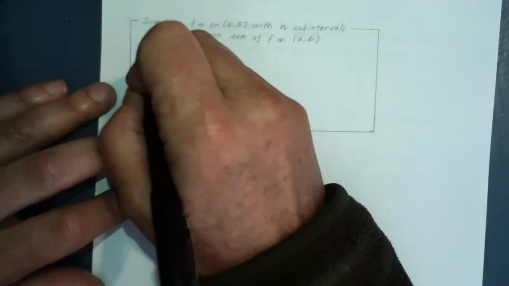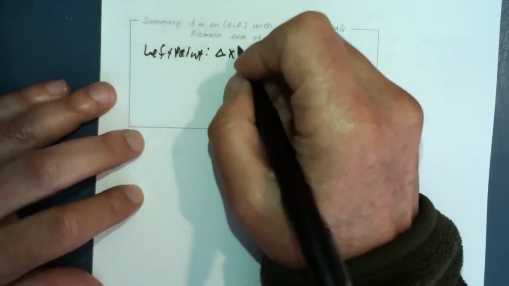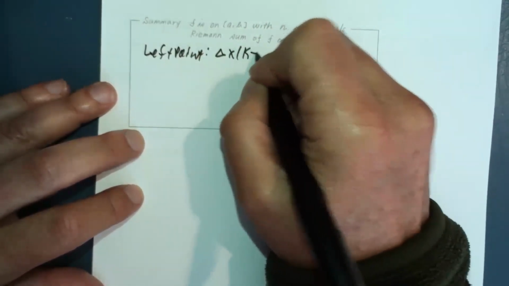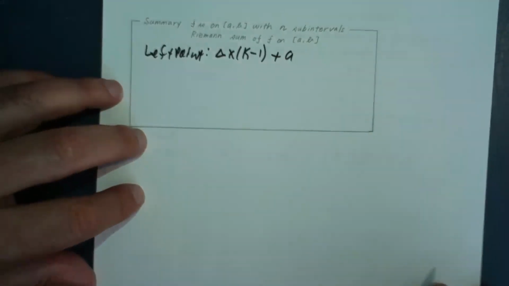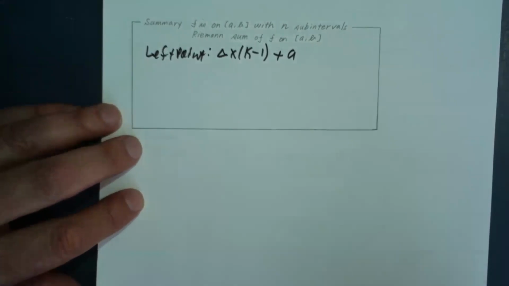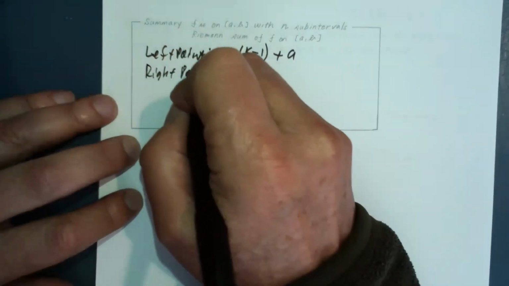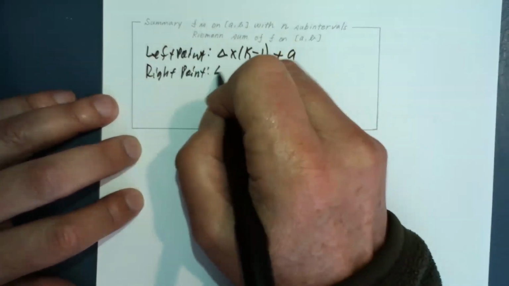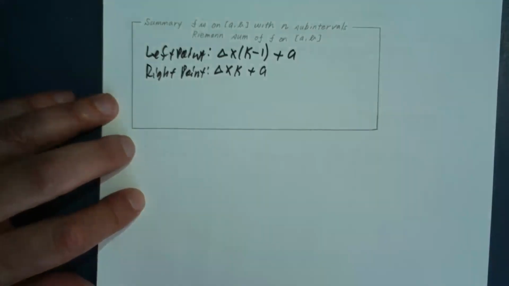So our left point is delta x times k minus 1 plus a, whatever a is. A has been 0 for our problem, so we've been ignoring that, but it needs to be plus a. The right point is going to be delta x times k, again, plus a.